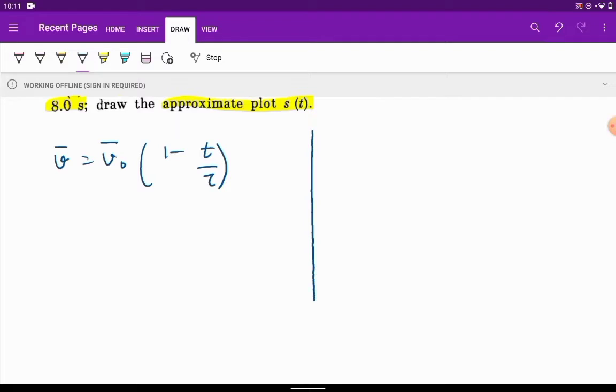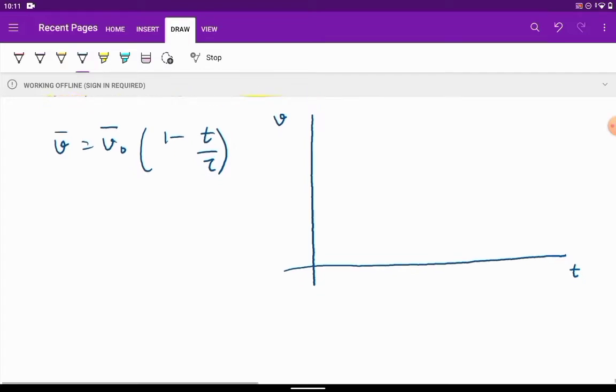So now if we just plot the magnitude v versus t, then obviously it will be a line with slope of this. You can write the magnitude v as magnitude of v naught minus v naught t by tau, right?